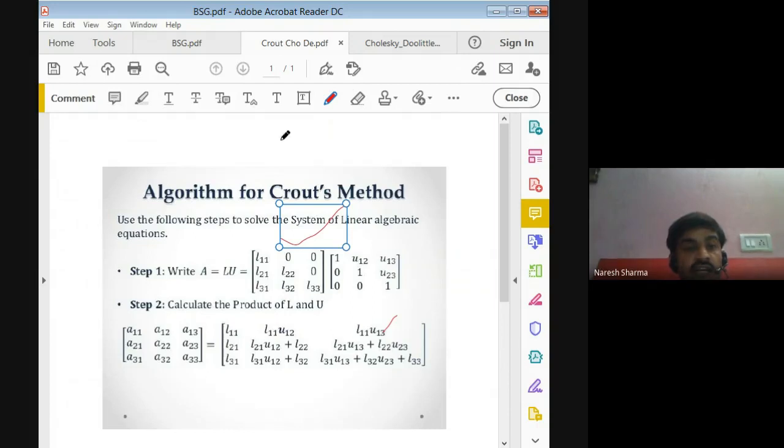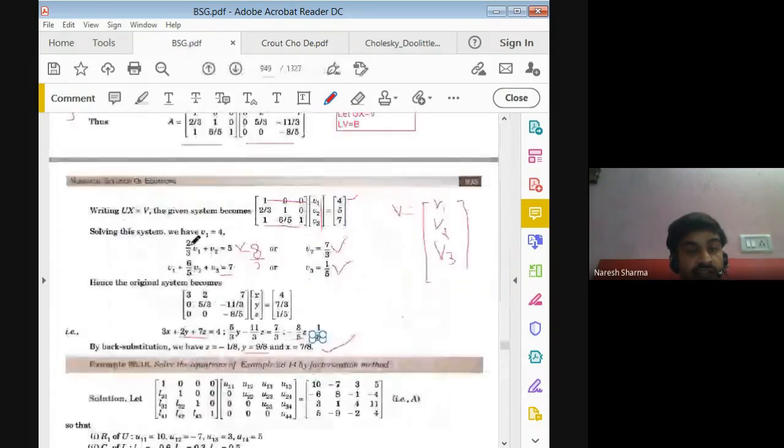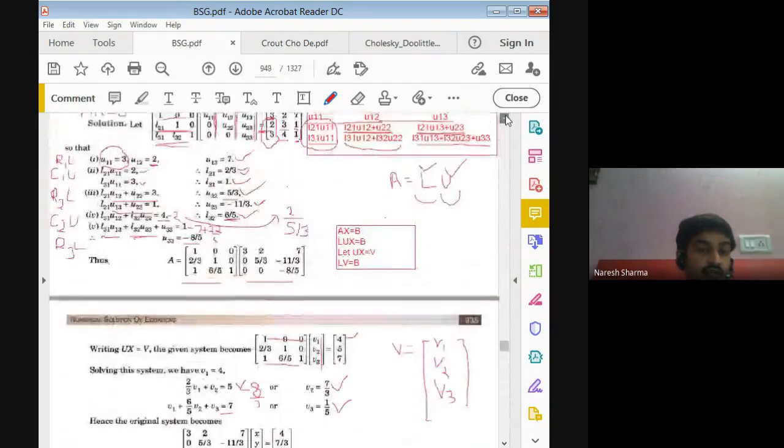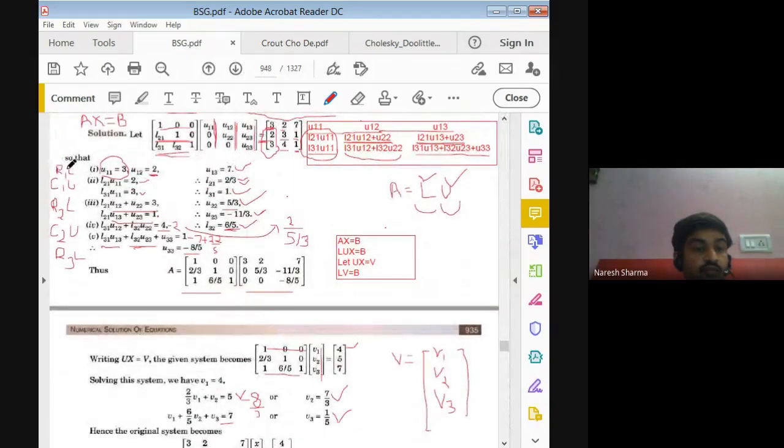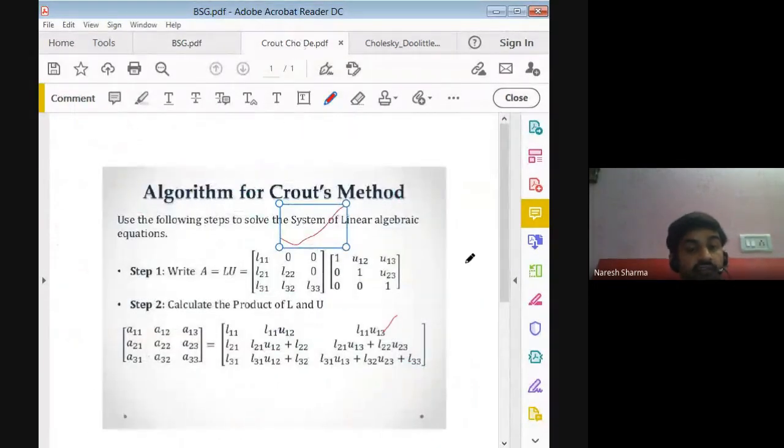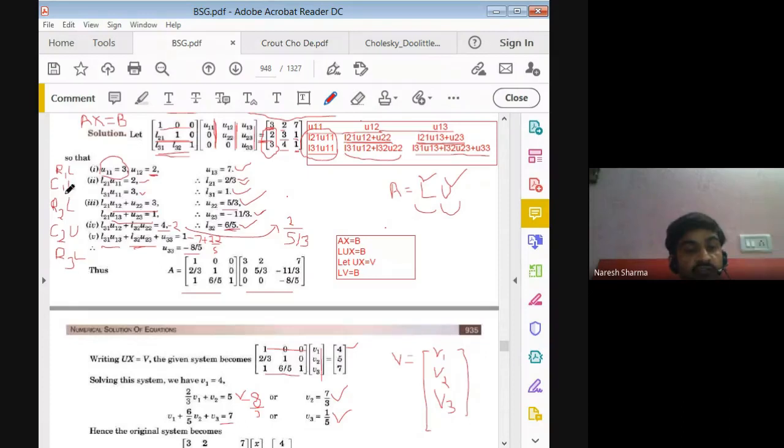If you go with the order that I told you to calculate your first row of L, here you just change that. You start with your first column of L, and then the next step is the first column of U, so here you use your first row of U. So just change your row and column.